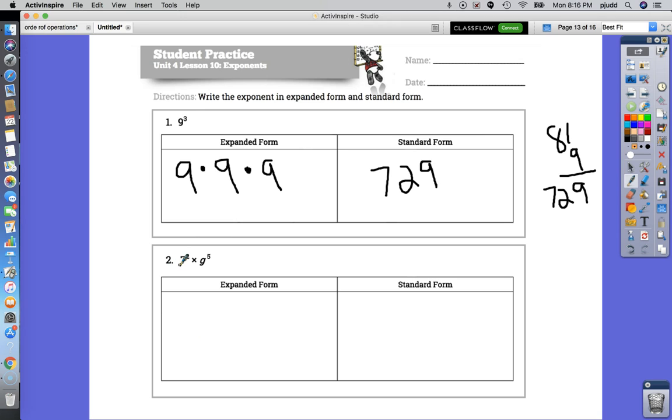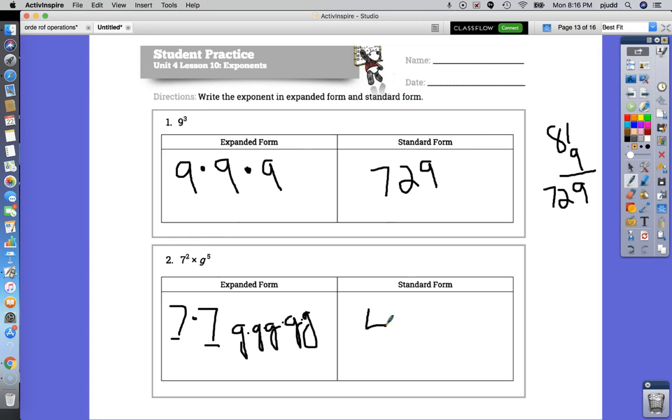Now, the second one, 7 to the second power. That means 7 times 7. And g to the fifth power. G times G times G times G times G. And again, I can write 7 to the second power in standard form.